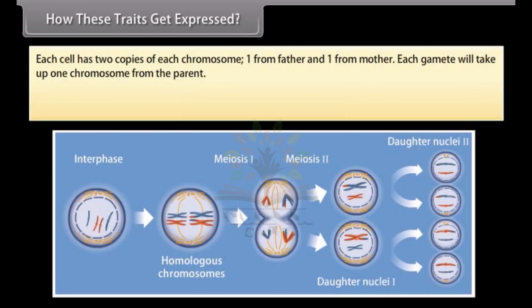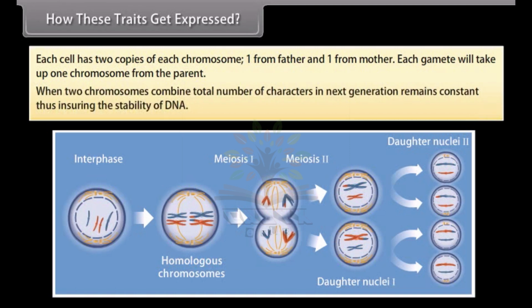Each cell has two copies of each chromosome, one from father and one from mother. Each gamete will take up one chromosome from the parent. When two gametes combine, the total number of chromosomes in the next generation remains constant, thus ensuring the stability of DNA.